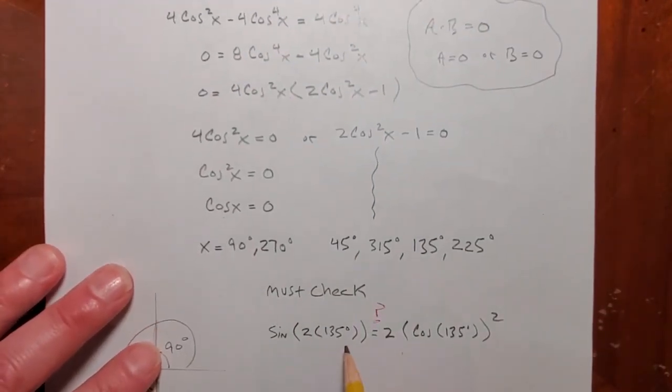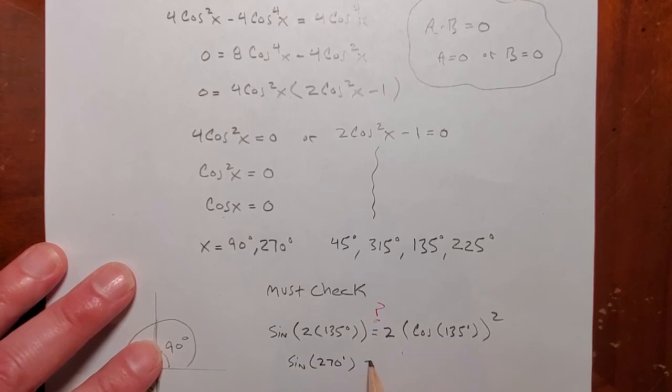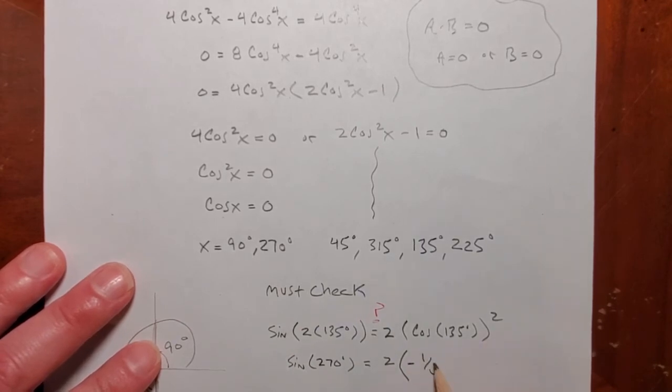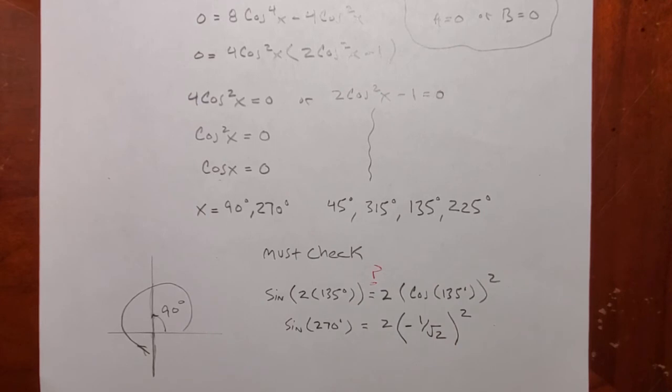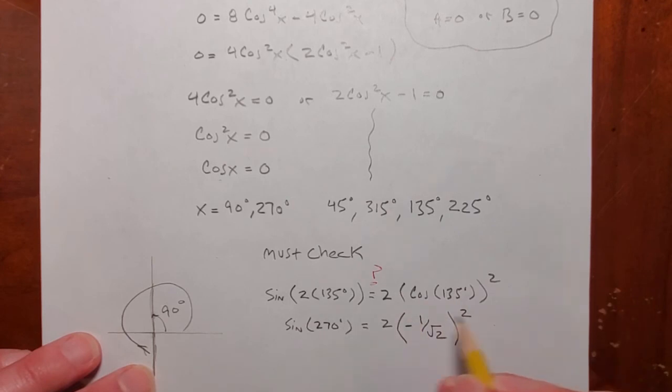So 2 times 135, that turns out to be 270. So I'll get sine of 270. And then cosine of 135, that's going to be negative 1 over root 2. Again, you use the calculator or your unit circle, or if, like earlier, you learned the proportions of the 45, 45, 90 triangle. So is this true?